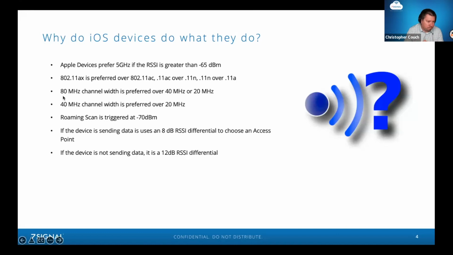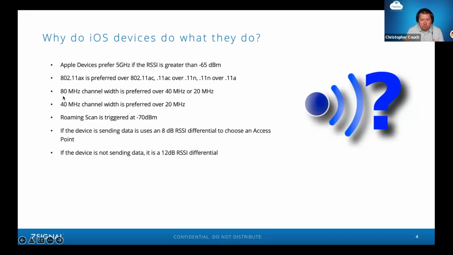You can see how these devices go down the list when making decisions on the networks they see. But the big thing to understand is that these devices trigger roaming at negative 70. They're not going to even start looking for another access point until they hit negative 70 dBm. So if your cell sizes are out to negative 72, that's probably where they're going to start roaming. Keep that in mind as we talk through this going forward.